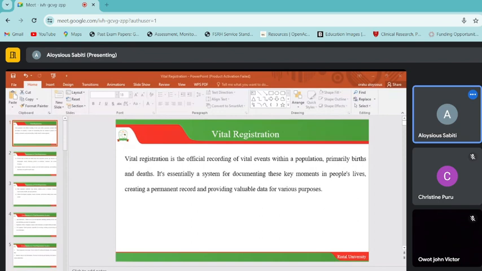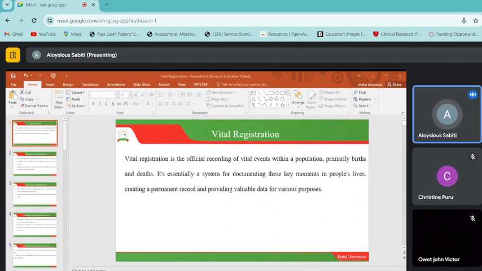So what are some of the importances of understanding vital statistics, or some of the key reasons as to why there is need to do vital registration? One is that it provides reliable data on births and deaths, but also it helps track population growth, the age structure, and demographic trends, which then inform policy on healthcare, education, and resource allocation.